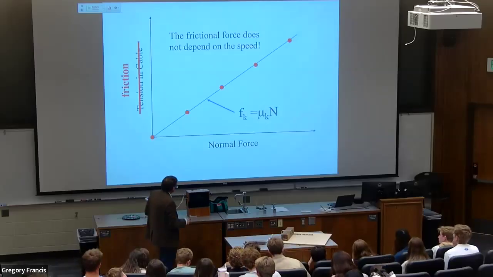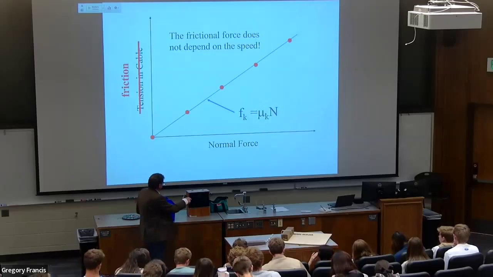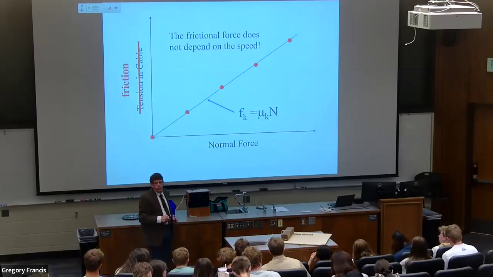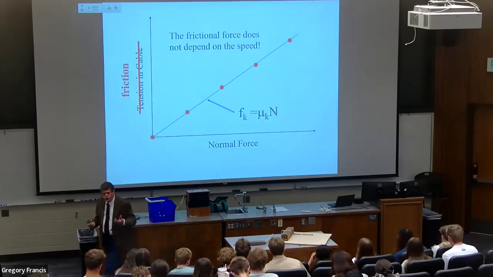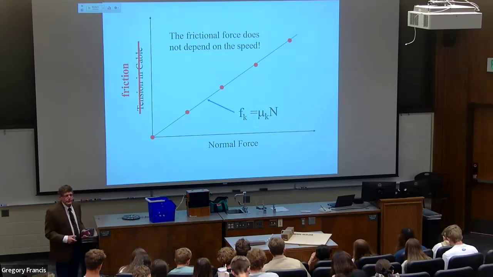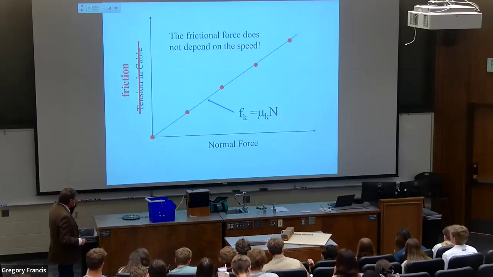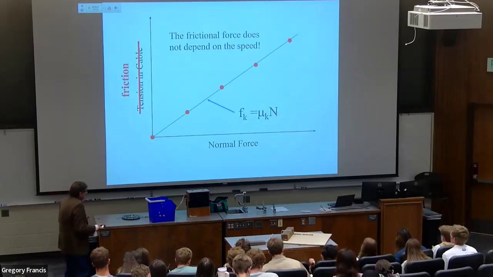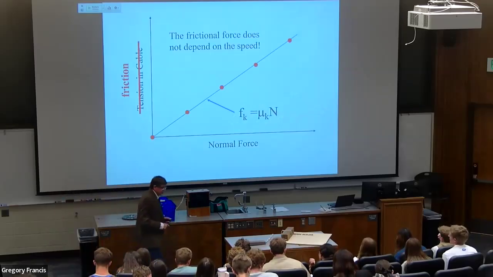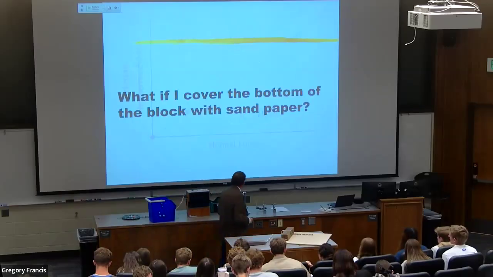And we use this symbol, Greek symbol mu, sub k for kinetic. We're going to find that there's also a mu sub s for static. The friction force is just equal to the normal force times this constant. And let's try to understand what that constant means.